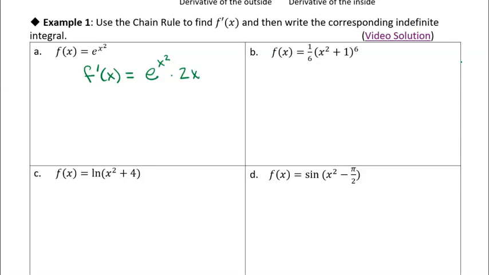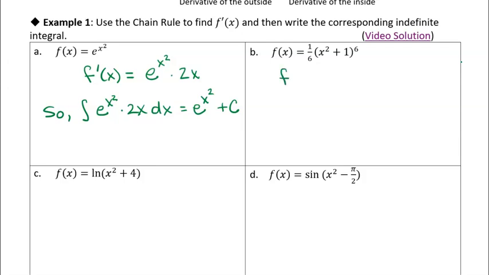So if we know that the derivative of e to the x squared is e to the x squared times 2x, then we know that the antiderivative, so let me write this down, the antiderivative of e to the x squared times 2x dx is equal to e to the x squared plus c. Okay? So we're going to keep doing that. We're just going to practice that a few more times. We're going to use the chain rule.